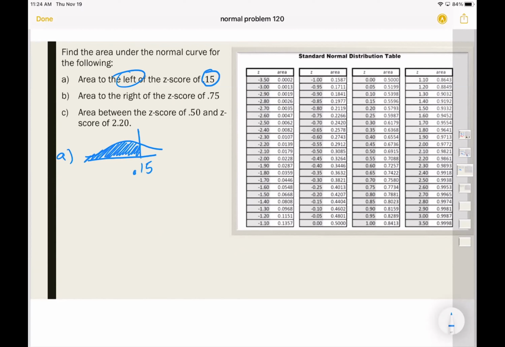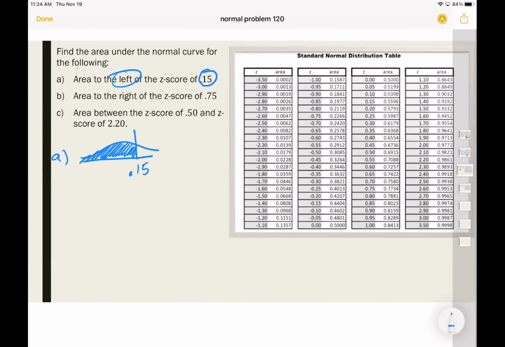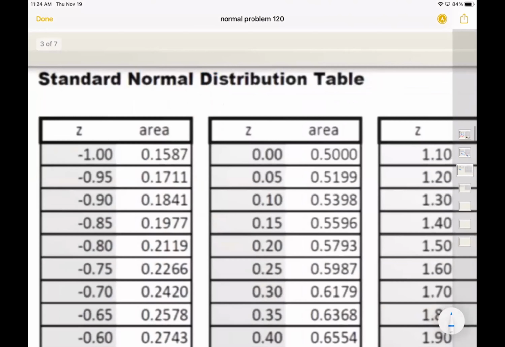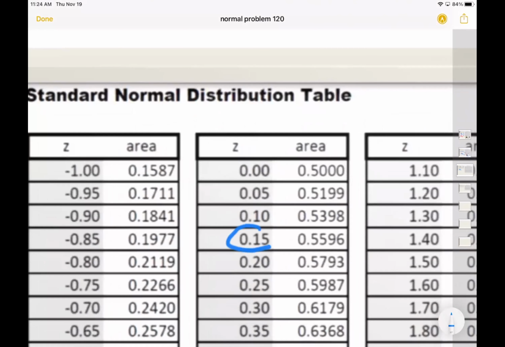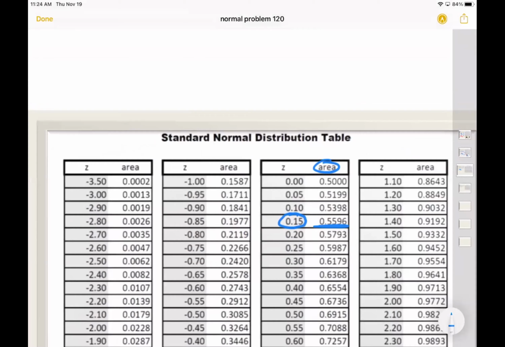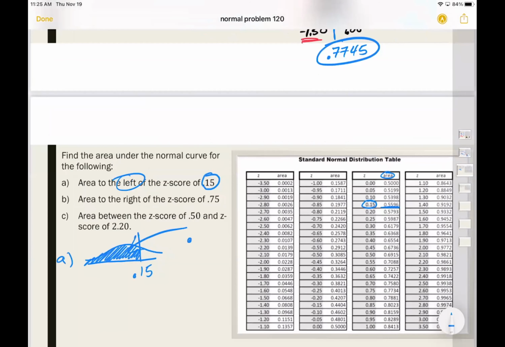Why? Because the answer is on your table. All you need to do is identify 0.15 on your table, and whatever the area is, that is your answer. In this case, it is 0.5596. So everybody, any questions with this area to the left?